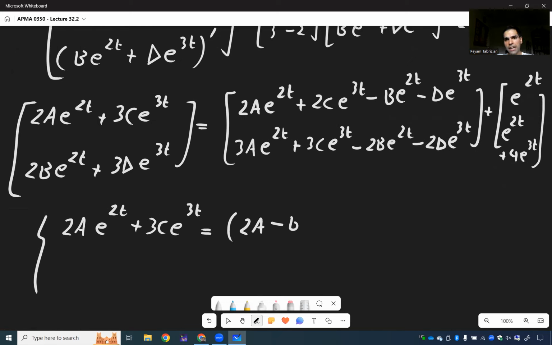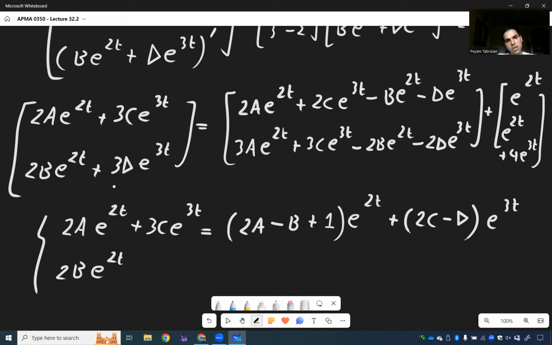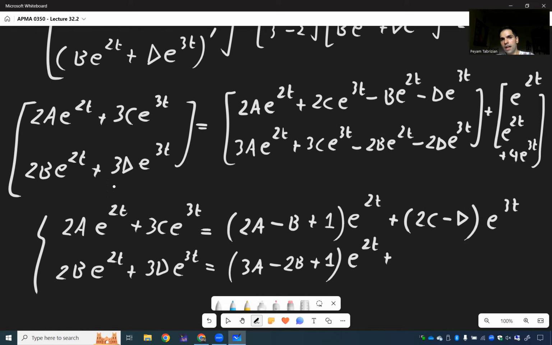So 2a minus b plus 1 e to the 2t, the one from the inhomogeneous term, and then plus, I believe, 2c minus d e to the 3t, and then 2b e to the 2t plus 3d e to the 3t equals, so 3a minus 2b and then plus 1 from the inhomogeneous term, and 3c minus 2d plus 4 from the inhomogeneous term.